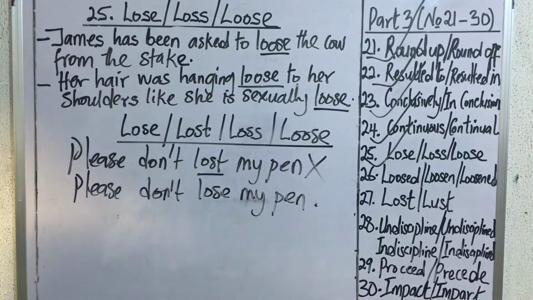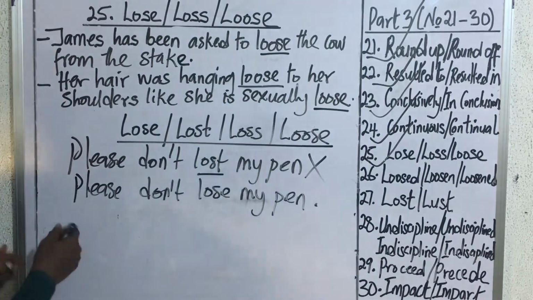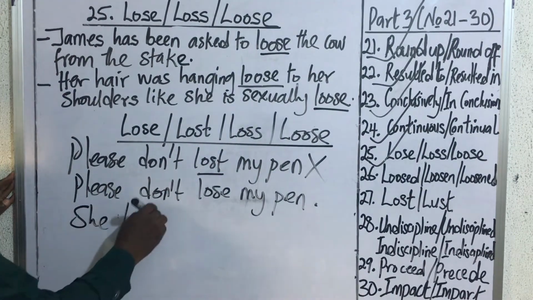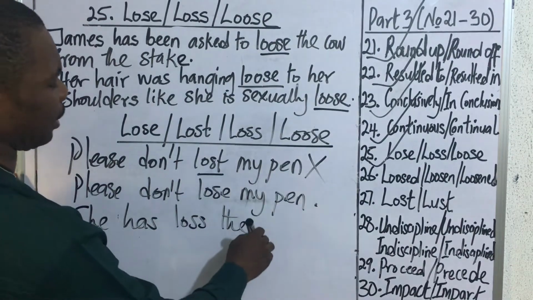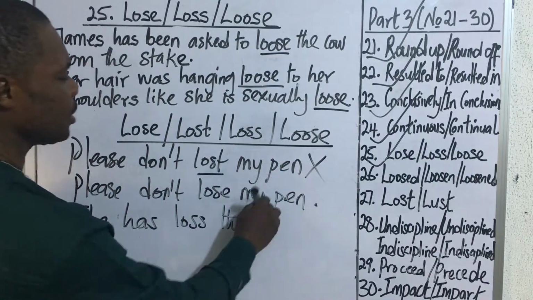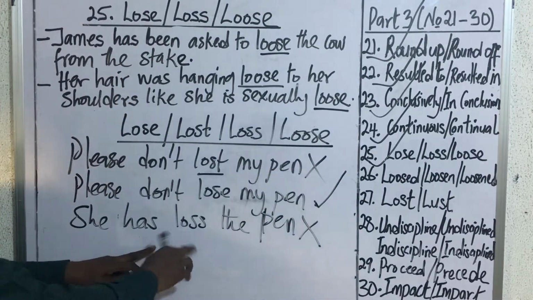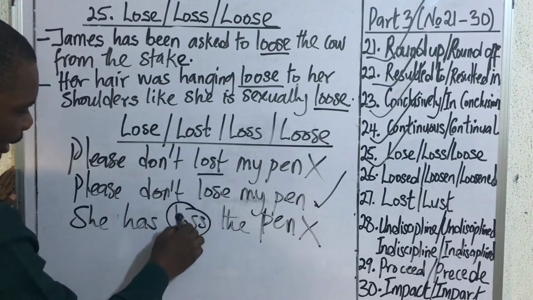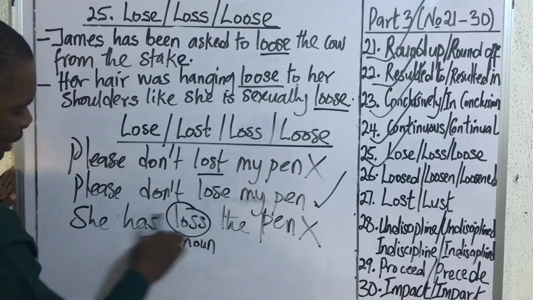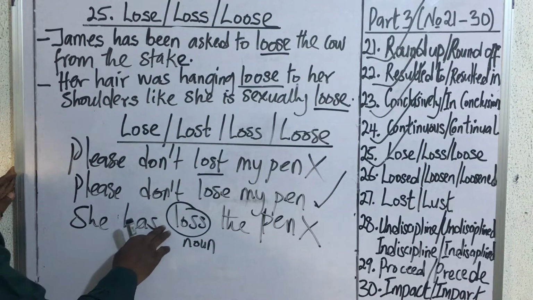Good. Then sometimes people make mistakes with this word here. They say she has loss the pen. No, this is equally wrong. This word is a noun. It cannot be used with has. So you cannot say has plus noun. Has can only go with a verb.